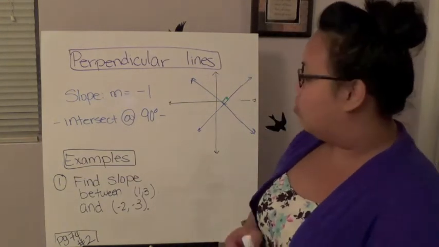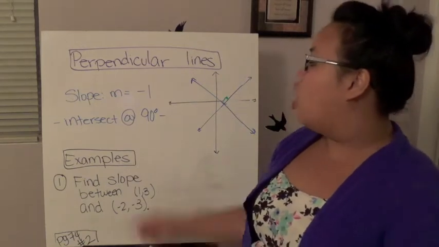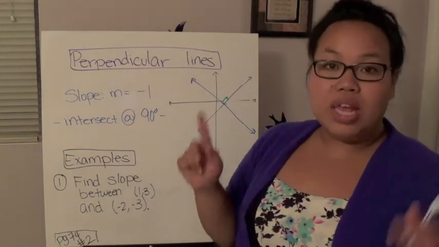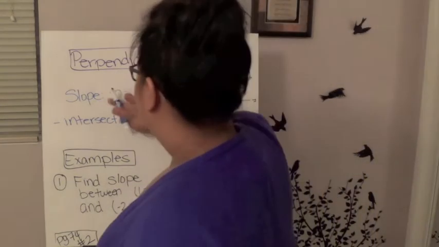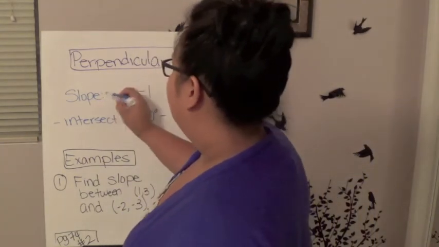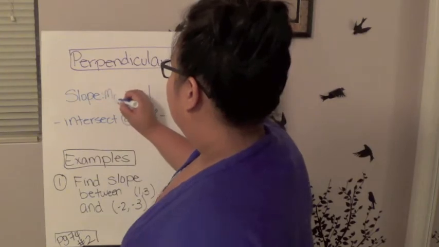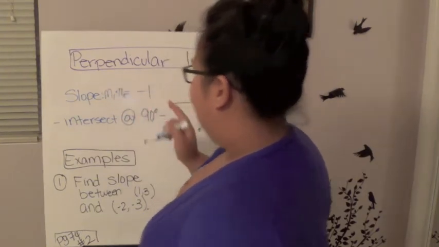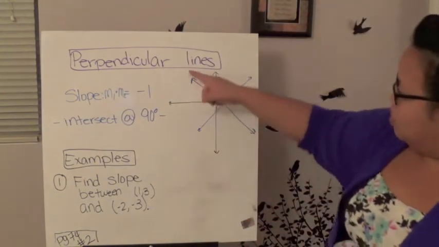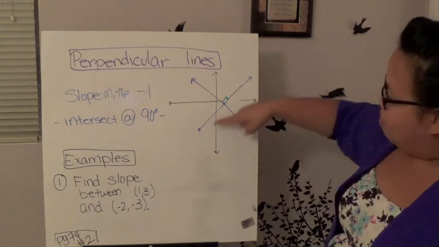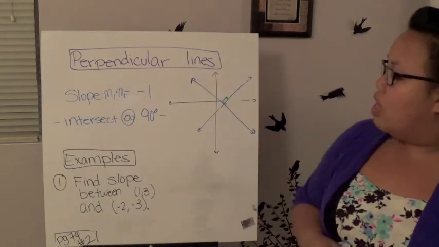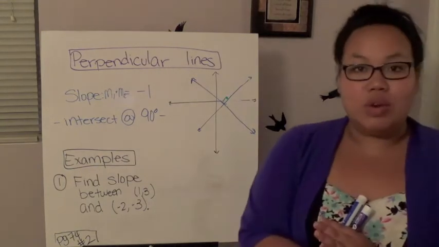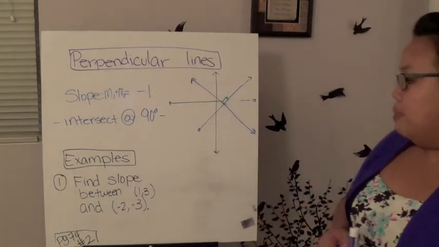That's what perpendicular means. So their slopes multiply to -1. So what that means, if I multiply the slopes, so if I have m1 times m2, I'm going to get -1. So if I took this slope, okay, and I multiplied it by this slope, I should get a -1, and that's perpendicular lines. They intersect at 90 degrees, okay?